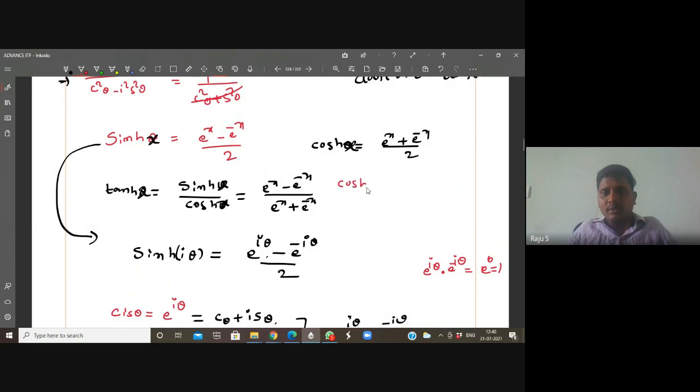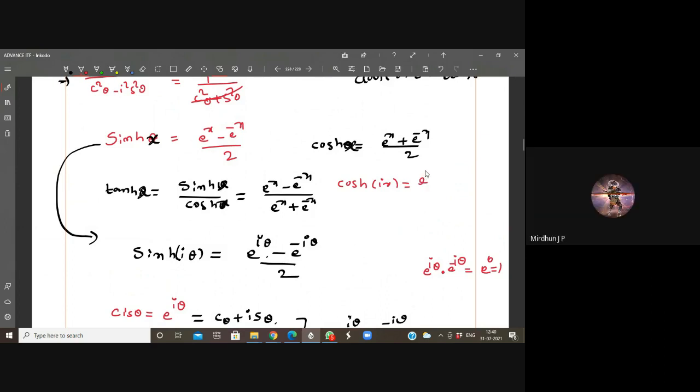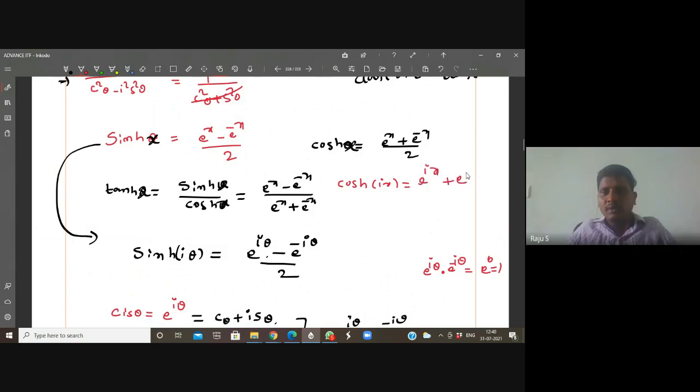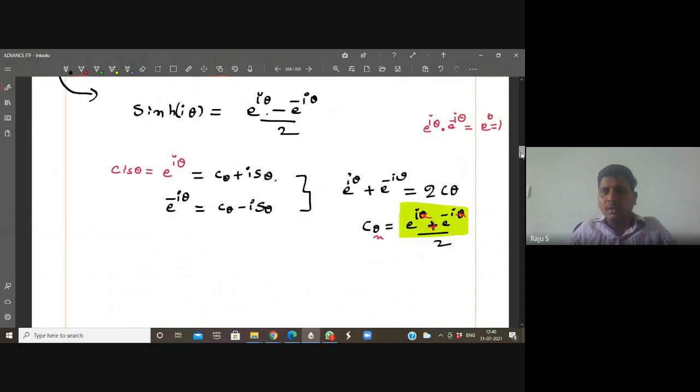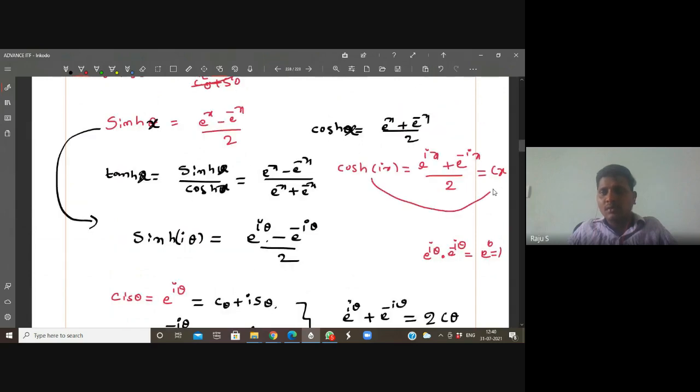When I write cosh(ix), it is (e^(ix) + e^(−ix)) by 2, which is nothing but cos x. Remember students, cosh(ix) is always equal to cos x.